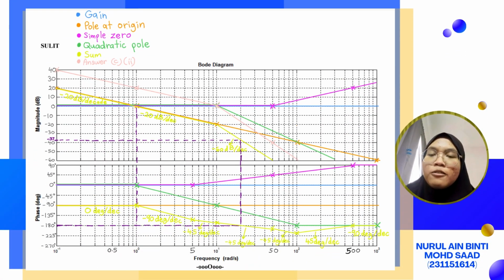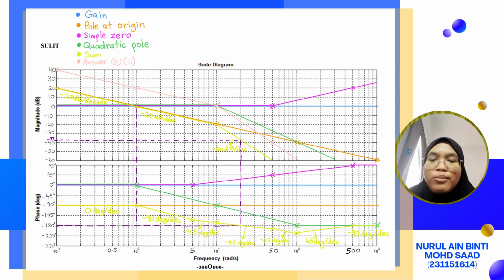This is the Bode plot that I did. For the first line, which is the blue line, I do it for the gain, and it is a straight 0 dB. For the orange line, which is the pole at origin, I start from 20 dB and then end at negative 60 dB. The cut-off frequency is at 10 radian per second. Next, the quadratic pole.